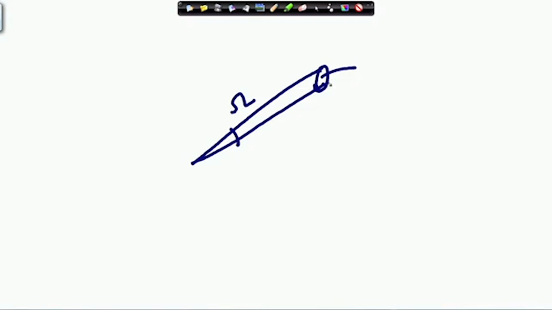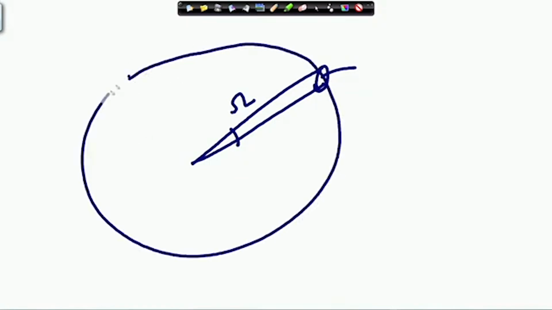You know what is the definition of steradian. So, if this is a spherical surface of radius r, then on the surface an area r square, the angle it subtends at the center, that is called 1 steradian. That is the definition.